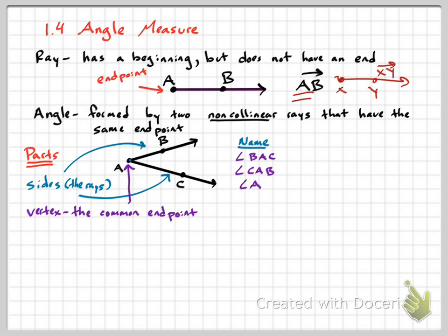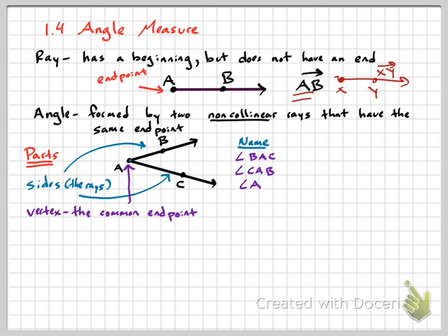Now you can only name the angle by its vertex if there's only one angle present. So as soon as I throw another ray on here like that, I could not name it angle A. And the reason is because if you say angle A, you don't know which angle you're talking about. And you'll see what I'm referencing when I say that in the slides to come.